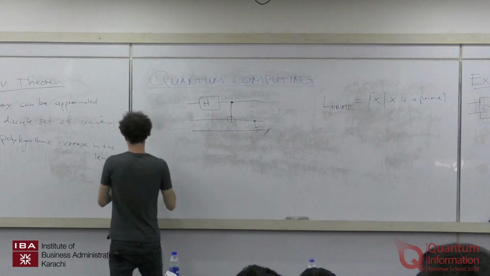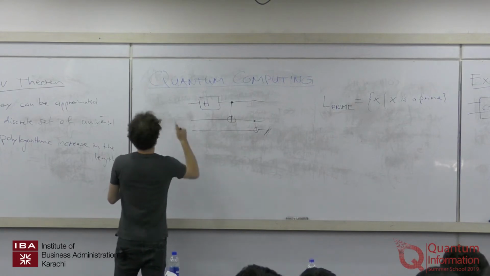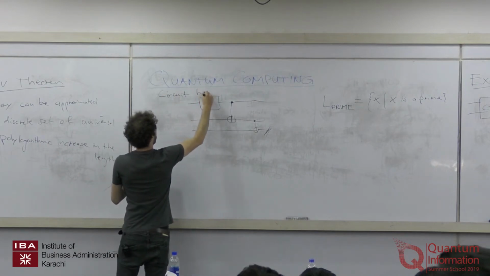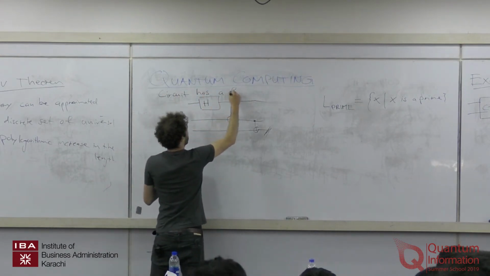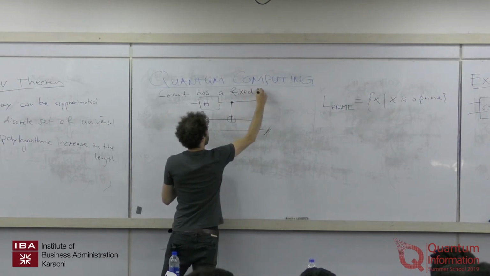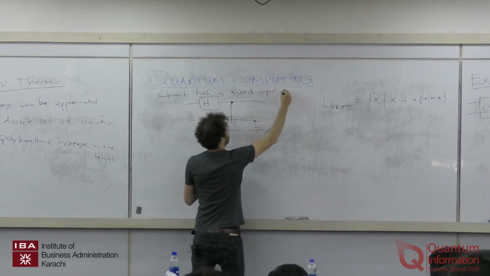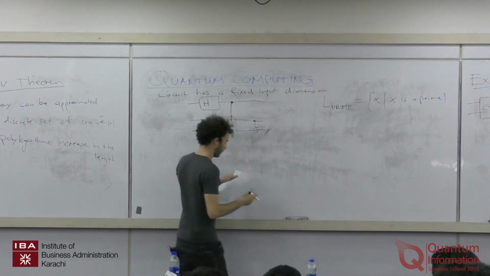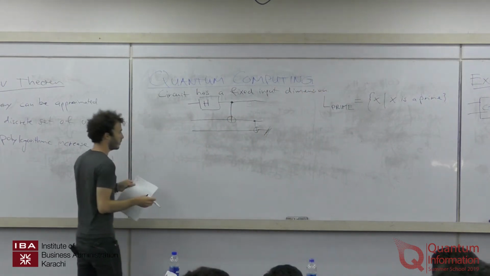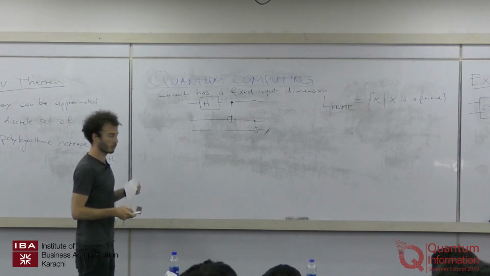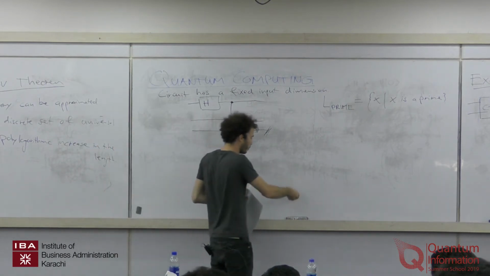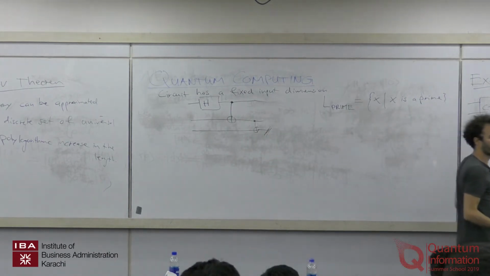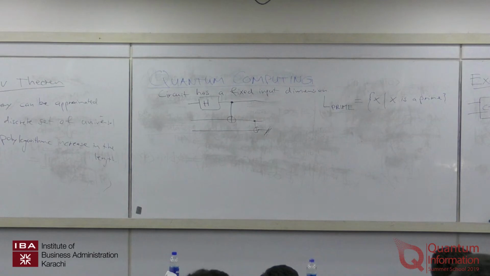So a circuit has a fixed input dimension. And how can we solve this problem? So we want now to talk about circuits, but arbitrarily long inputs, words that we want to put into the circuit.